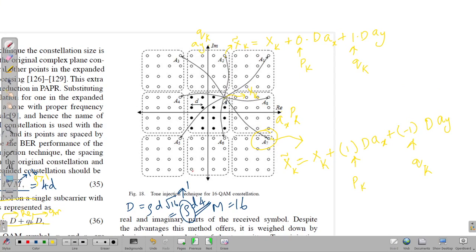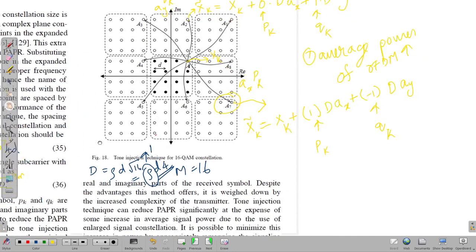If you map the original constellation point onto a point on the extended constellation, you can clearly see that the energy will increase. The average power of the OFDM signal will increase. That is one of the biggest disadvantages of this technique.